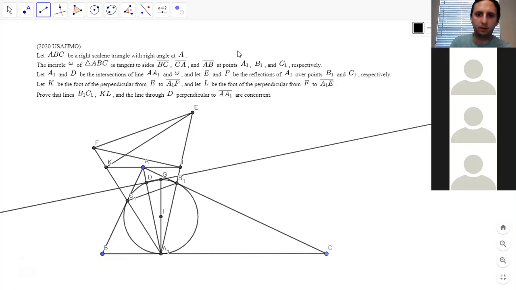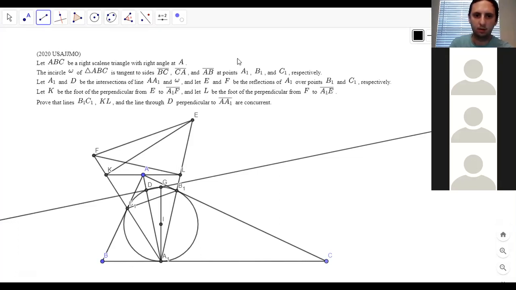let's see. KL is parallel to BC. Okay, so that's just an angle change. Yeah, because triangle KAC1, I think, yeah, we could show is similar to A1C1B. We can delete EF then.